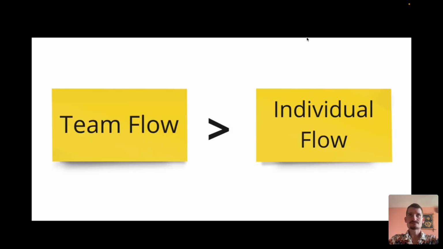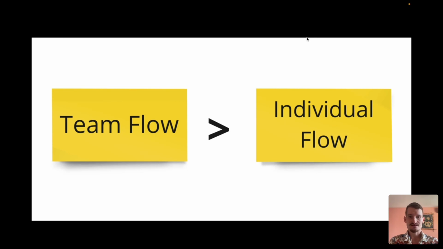And another thing that effectiveness is based on is the notion that team flow is more important than individual flow. So, as an individual programmer, you most probably have been into the flow where everything just works, you feel great, you just produce.